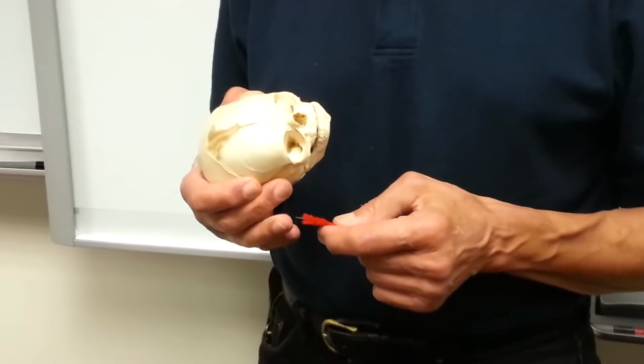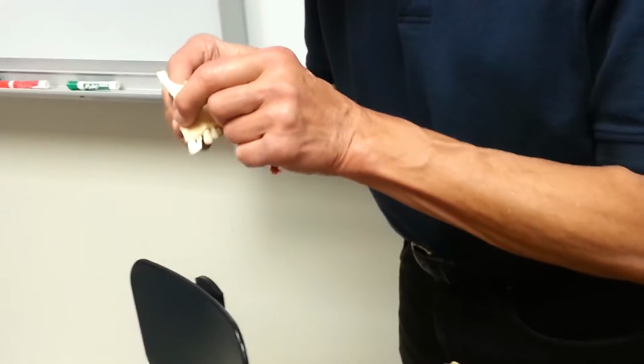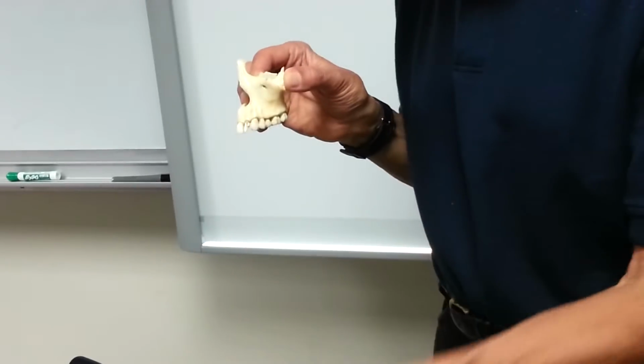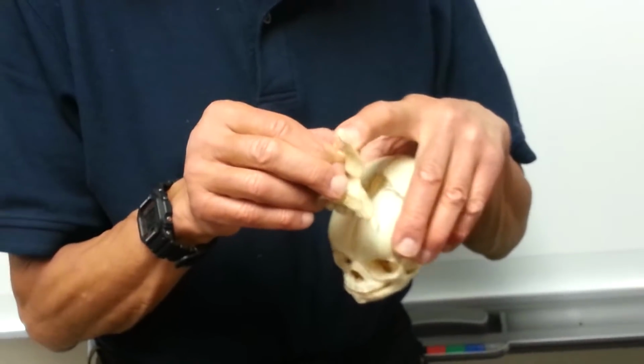So where are the air sinuses on here? Well, the air sinus, now look at this. Of course, later we'll take out the actual adult skull. Look at the separation between here and here, and compare that to that. Look at the separation between the floor of the orbit and the hard palate.